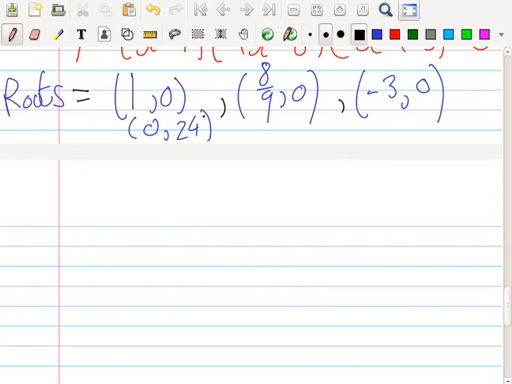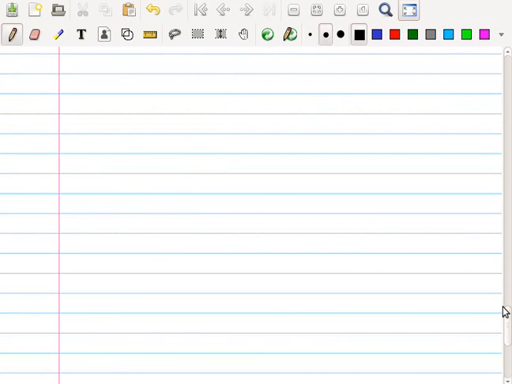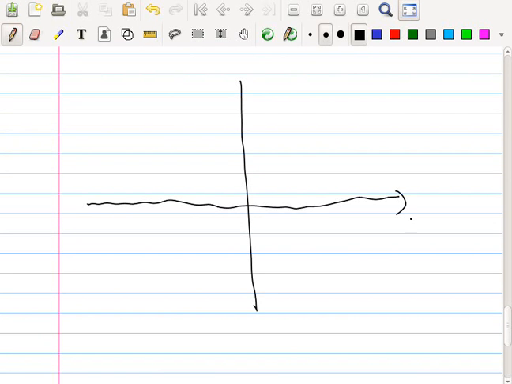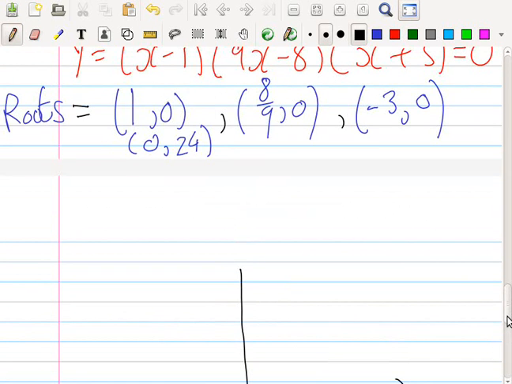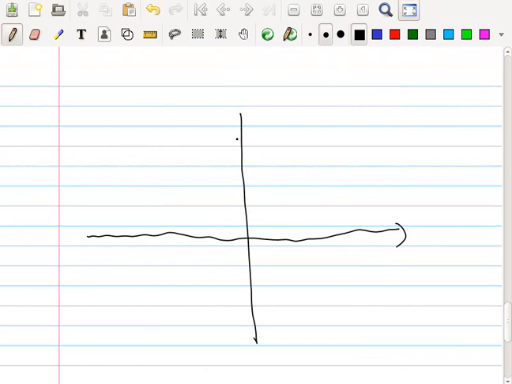So I need to go to a new page, so maybe you can tell me the points, okay? So what was the first point? 1 and 0. What's the biggest value here? 24. Okay, so I'll say here is 20, here is minus 20, here is 2, and here is minus 2. X, Y. Okay, so you said the first one is 1 and 0, so that's there.